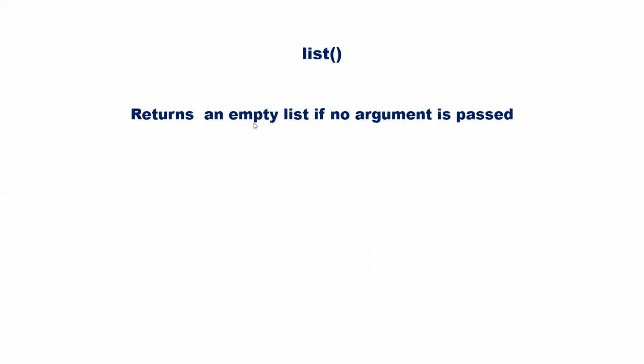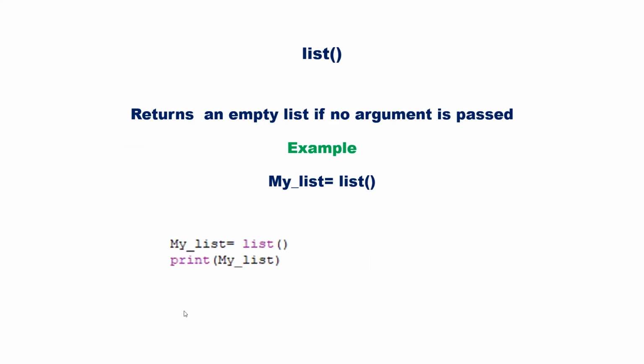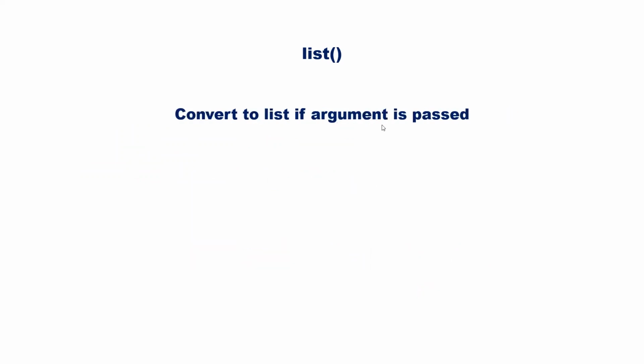The list function returns an empty list if no argument is passed. For example, if we give my_list is equal to list, now my_list is created as an empty list. So when we print my_list, you will get an empty list here. If an argument is passed to the list function, then it is converted to a list.